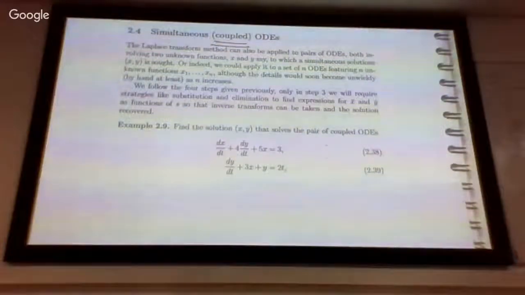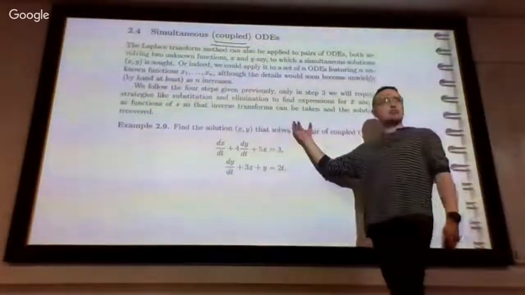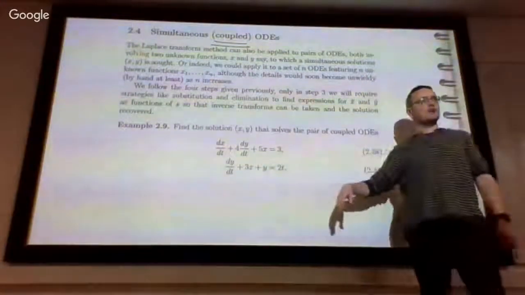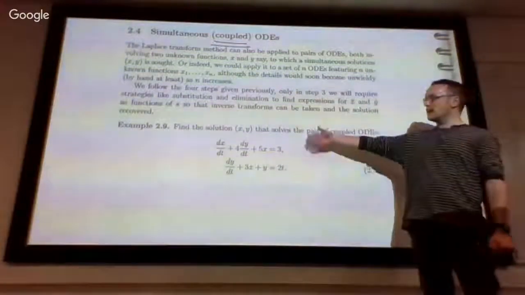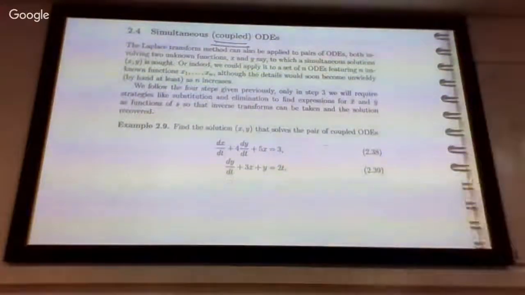So you can't consider the different equations as single problems on their own, because the various unknown quantities are tangled up together. So it's not as if we're going to solve the first one and find x and solve the second one and find y. That can't be done, because x and y are mentioned in both. So they're coupled together.